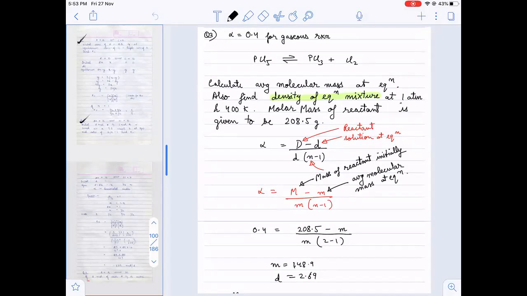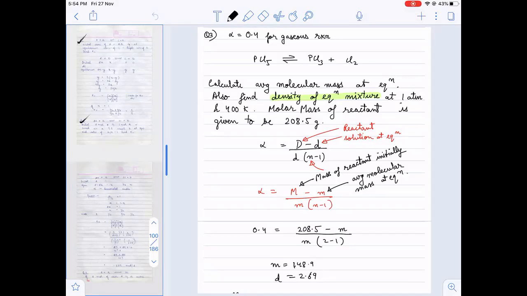So there were two things to be found in this question: first, the average molecular mass at equilibrium, and second, the density of the equilibrium mixture. The average molecular mass at equilibrium can be found out by the term small d.